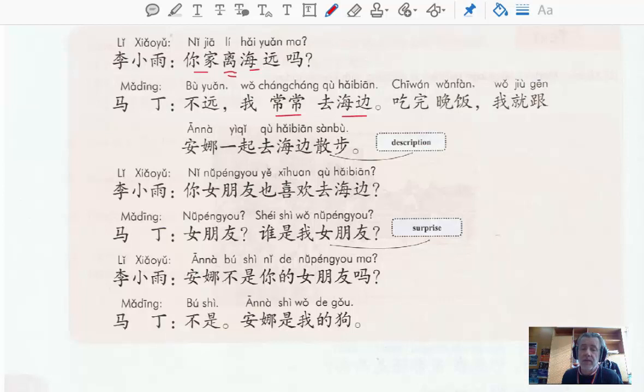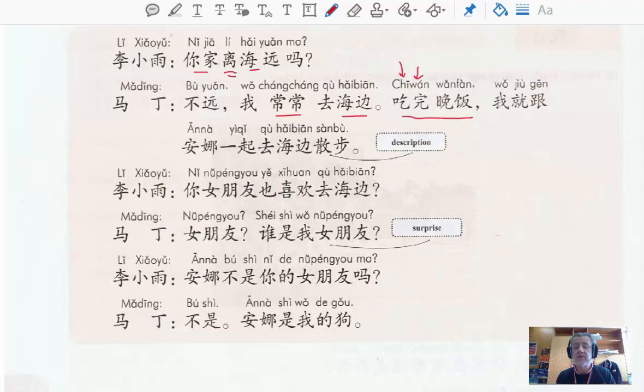吃完晚饭，我就跟安娜一起去海边散步. So here he says 吃完晚饭. He's using this combination of the verb 吃, which is the main action, and a second verb 完, meaning to finish something. We've talked about this before. You can place a second verb after the main verb, and that describes the state or the result of the action.